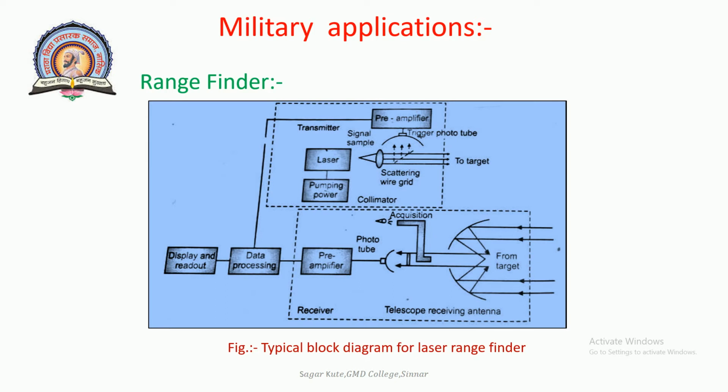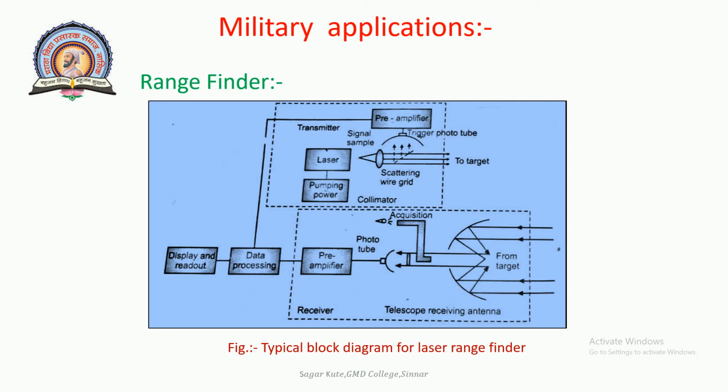In the optical range finder system, the laser transmits a signal in the form of pulses. This collimated pulse of the laser beam is directed toward a target, and the light reflected from the target is received by the optical system and detected.